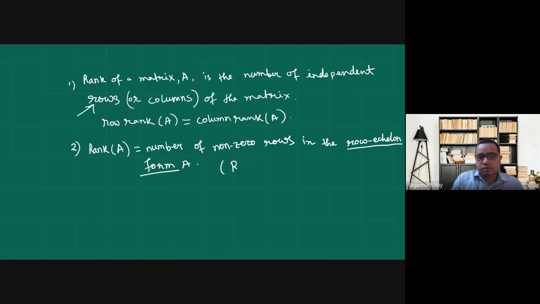Okay. Row echelon form. So we'll discuss this in detail after some time.